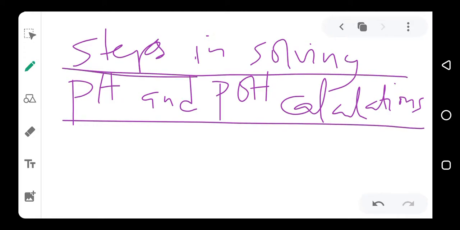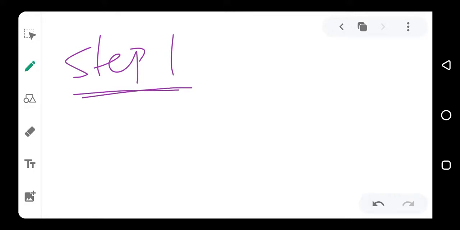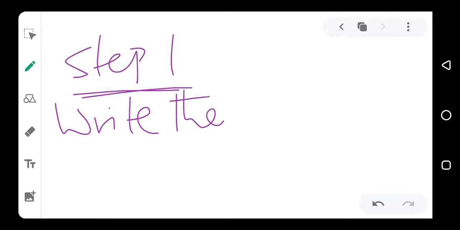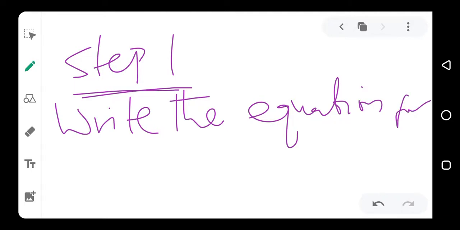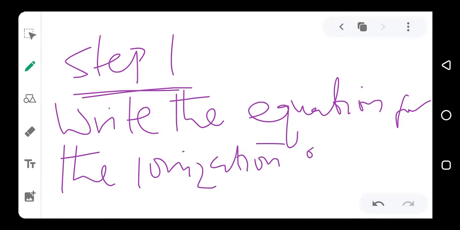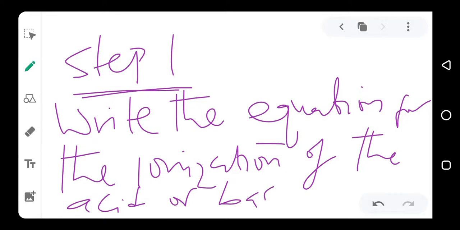Now the first step is to write step 1. Step 1 is to write the equation for the ionization of the acid or base.